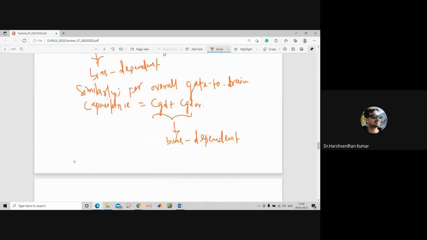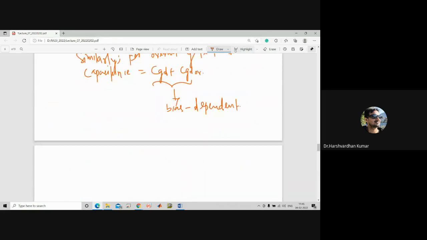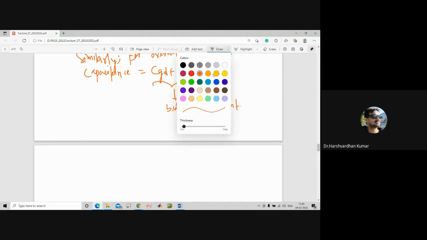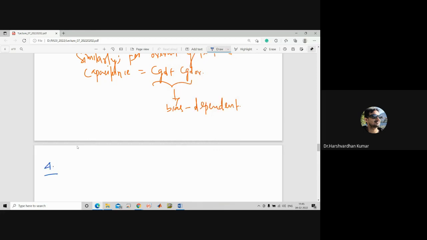Now, the fourth type of capacitance is known as the depletion capacitance, which is also bias independent.